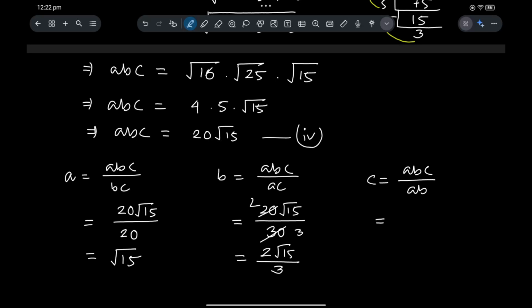And what is the value of C? That means 20 root 15 divided by the value of AB. AB means 10. So basically 10 2s are 20. So here 20 and 20 cancelled out. So 2 root 15.